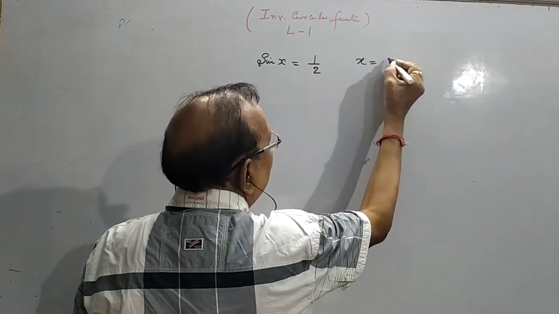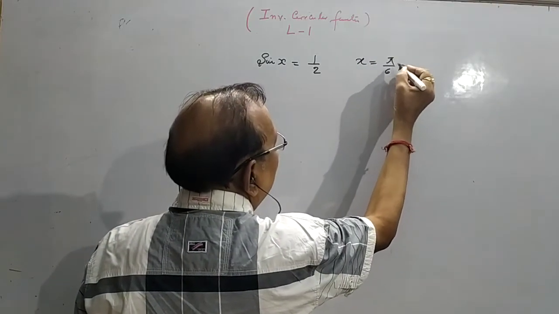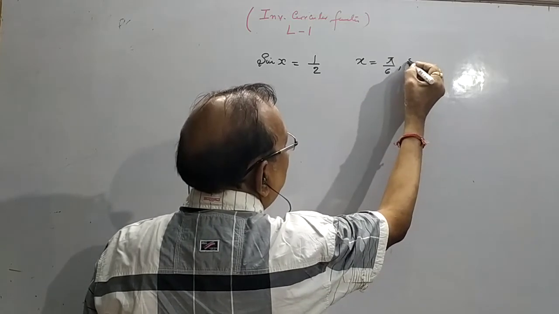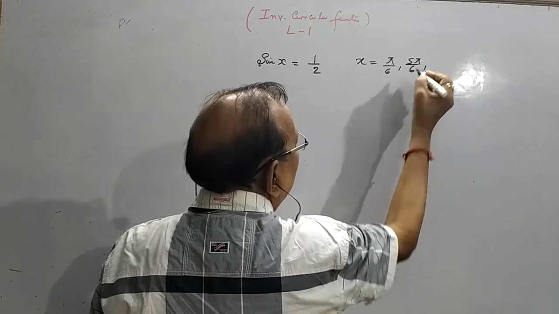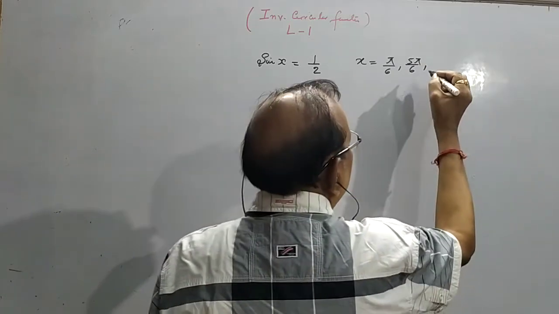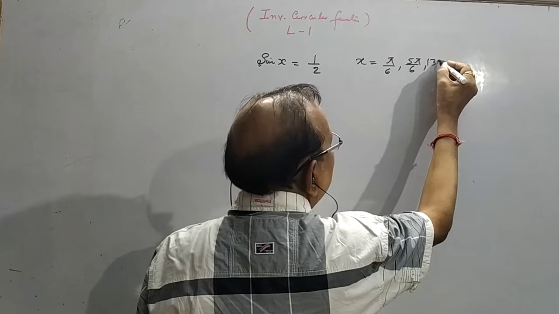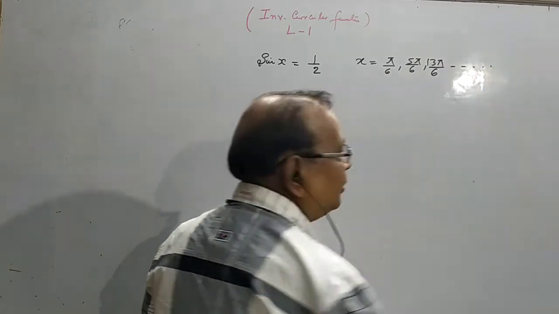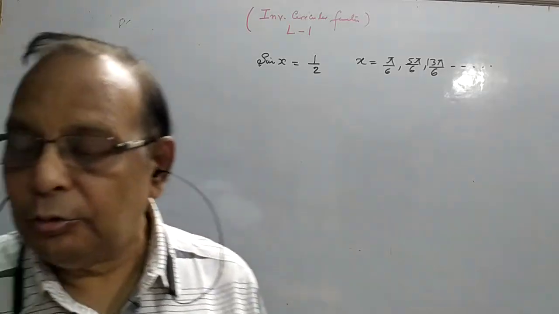That may be pi by 6, that may be 5 pi by 6, that may be 13 pi by 6, and so on. There are infinitely many values.